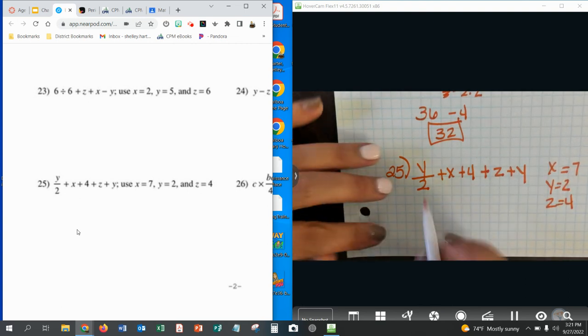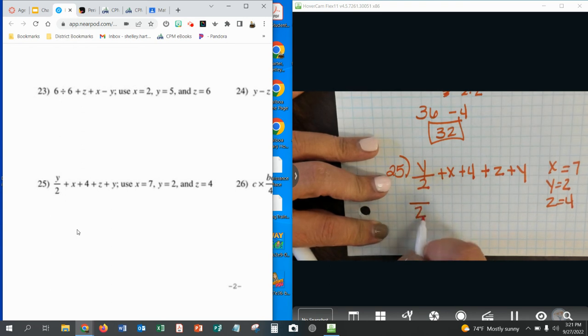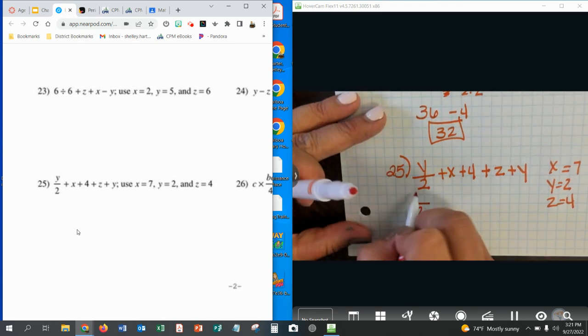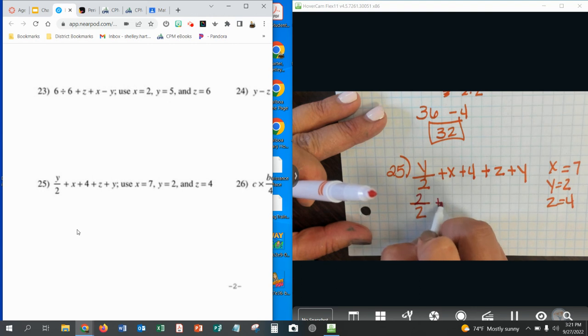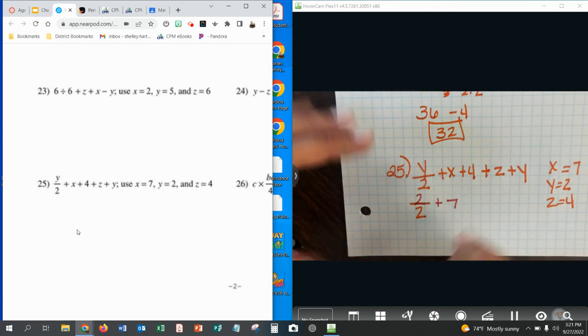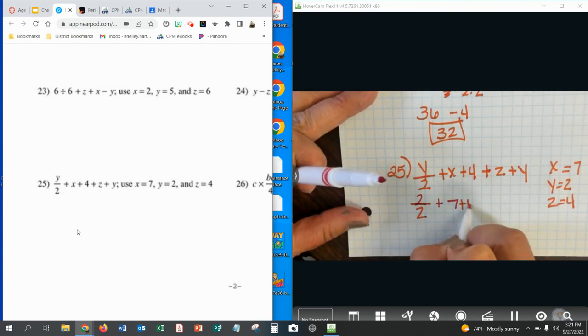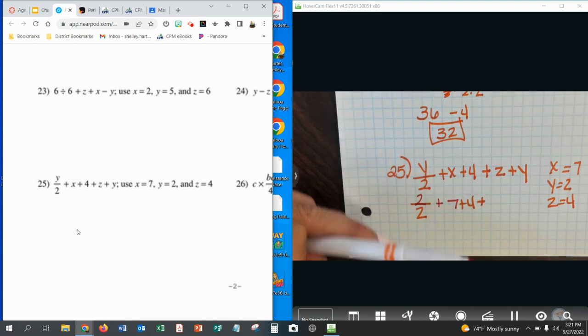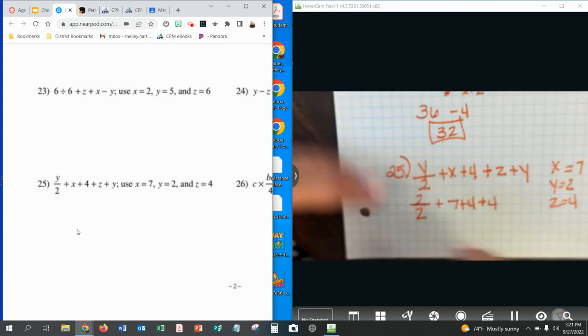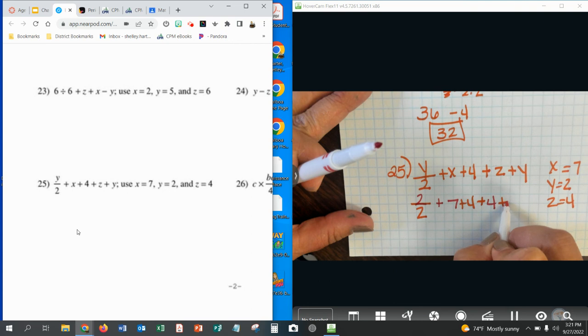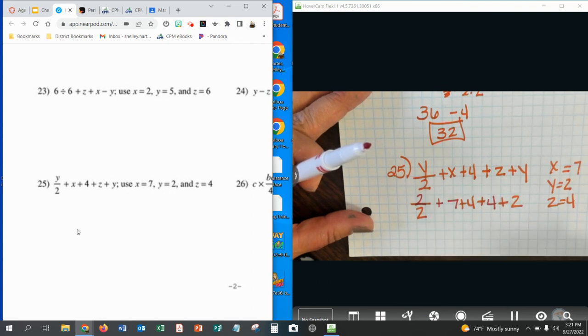So y over 2 is 2 plus x, which is 7, plus 4, plus z is 4, and then plus y is 2.